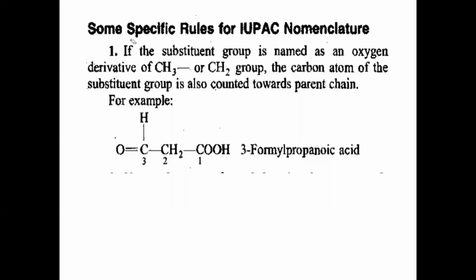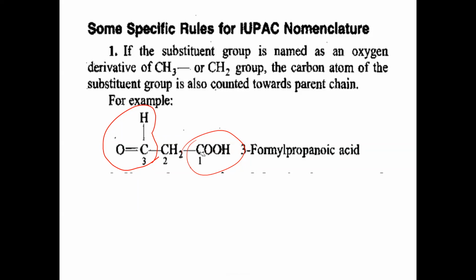Now see, some specific rules for IUPAC nomenclature. Some of these we already discussed. Now in this compound, this is the COOH carbon-containing functional group, and at the other end there is a carbon-containing group with oxygen.